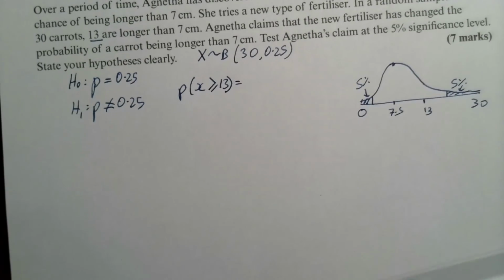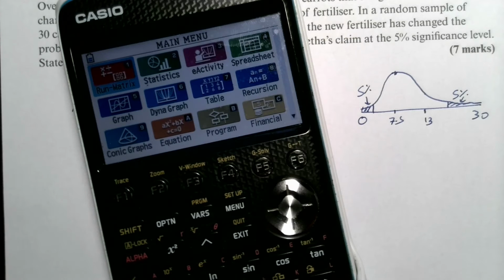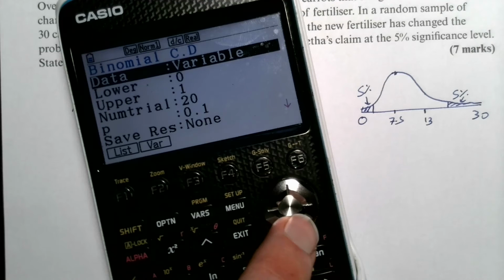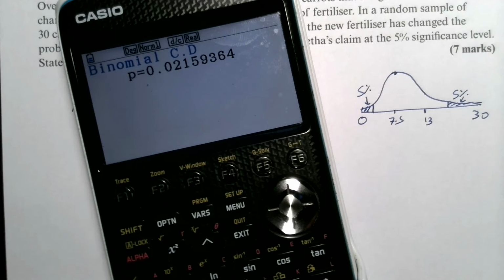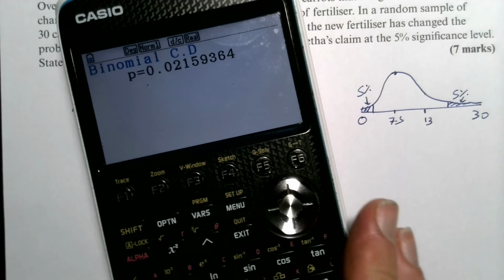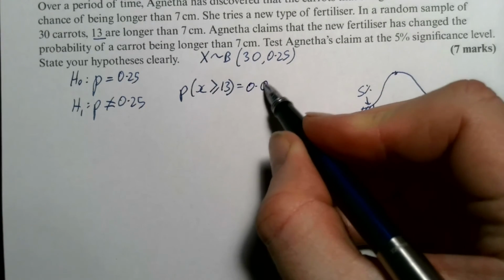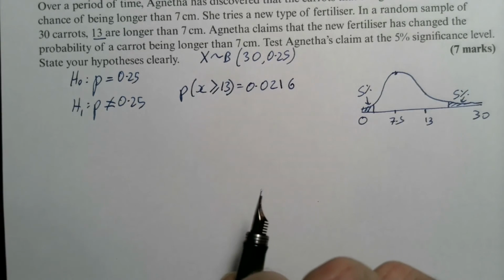And popping that into the calculator, binomial CD, we're going to lower 13, upper 30, number of trials 30, probability 0.25, and that's actually 0.02159. 0.0216 to 4 decimal places.